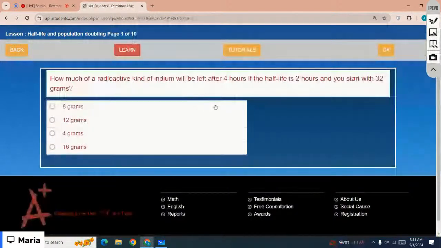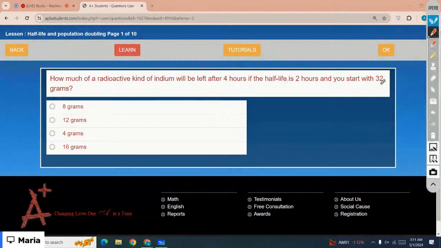How much of a radioactive isotope of indium will be left after 4 hours if the half-life is 2 hours and you start with 32 grams? So when you started, you have 32 grams of indium. If the half-life is 2 hours, after every 2 hours it will be left with half.